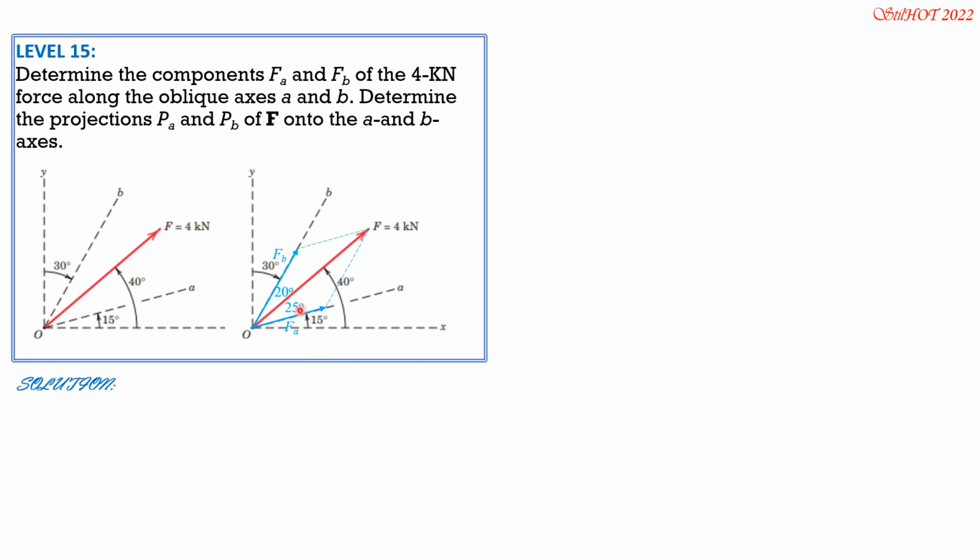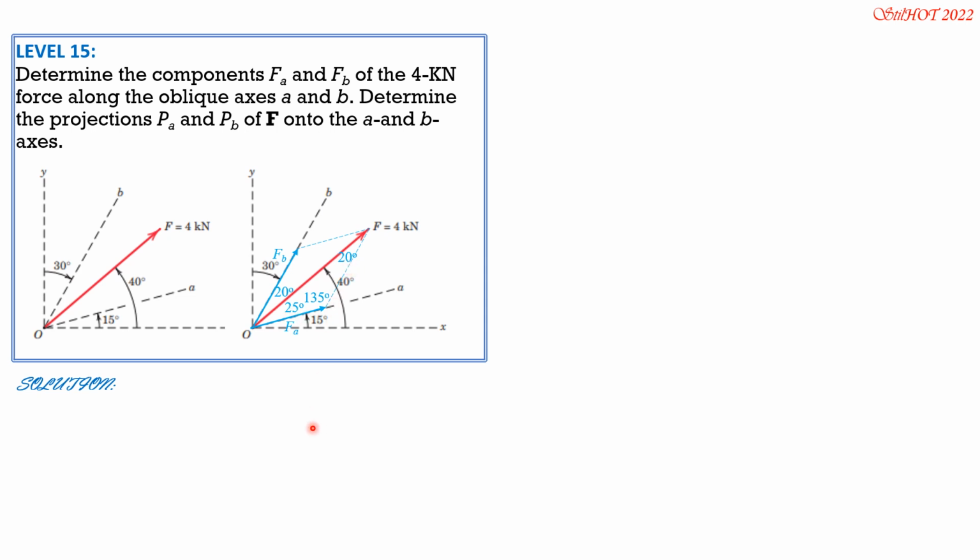Therefore, 20 plus 25, one interior angle of the parallelogram is 45. So this angle here is 180 minus 45, 135 degrees. And this angle and that angle must be equal, so 20 degrees also. Another way to compute 20 degrees is in this triangle, 180 minus 25 minus 135 is 20 degrees.